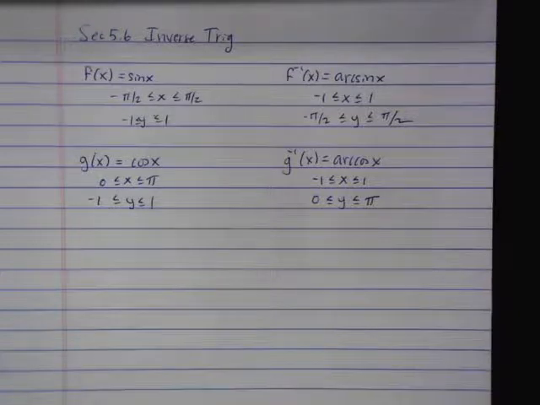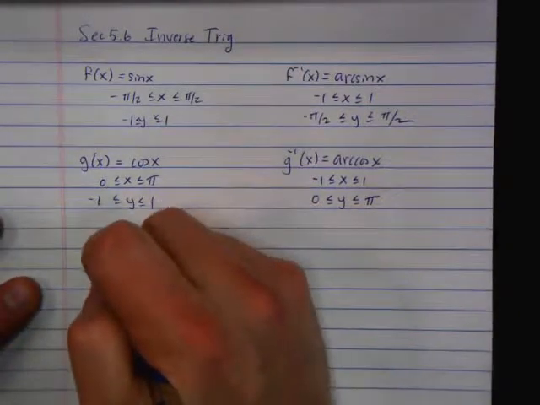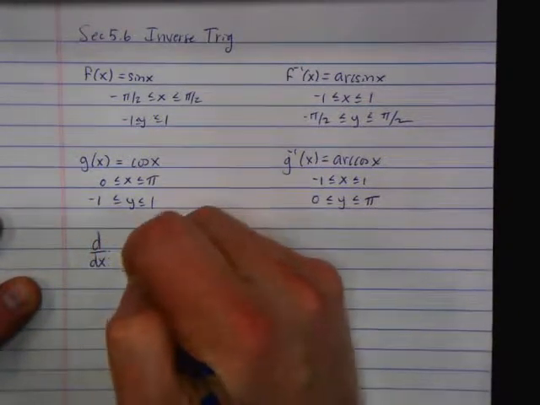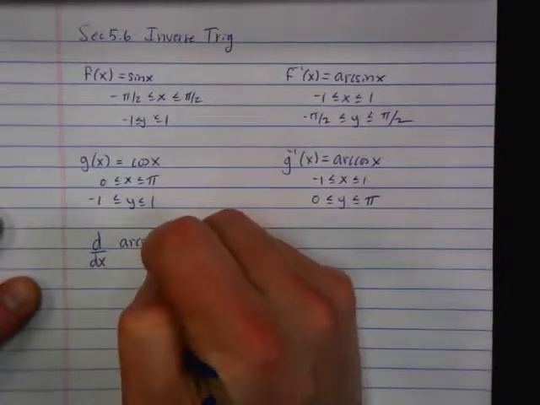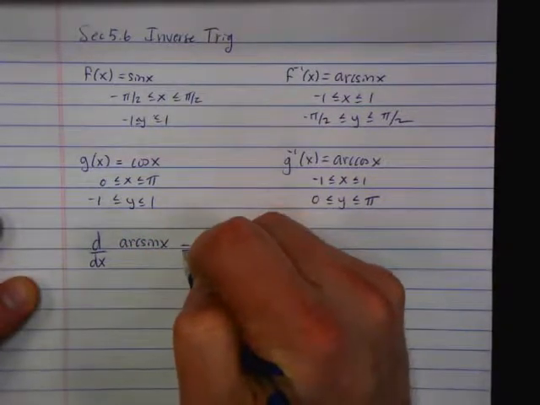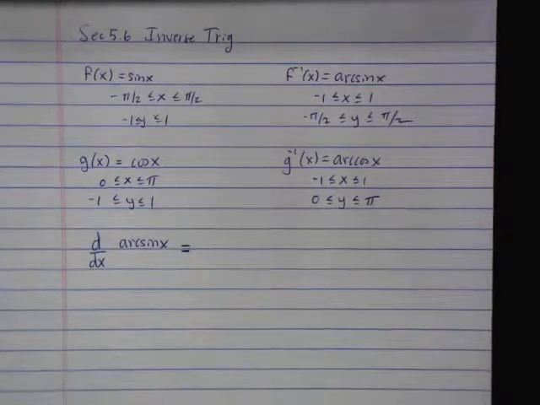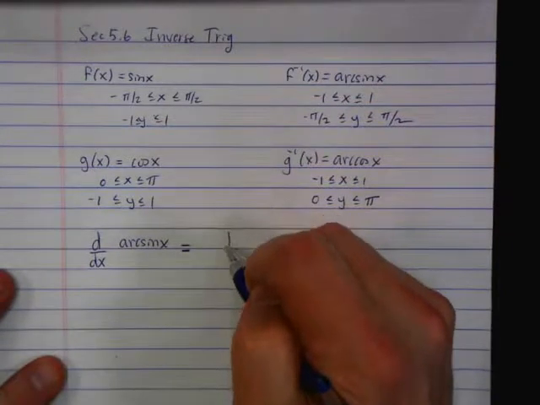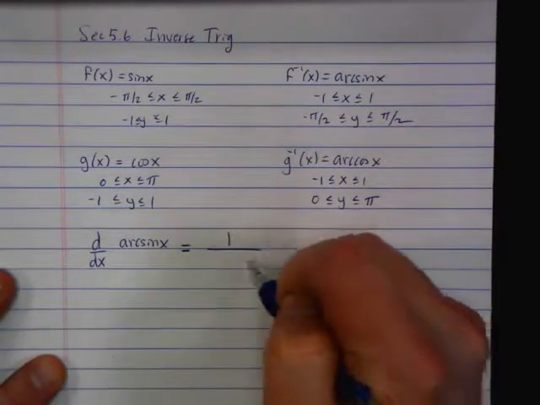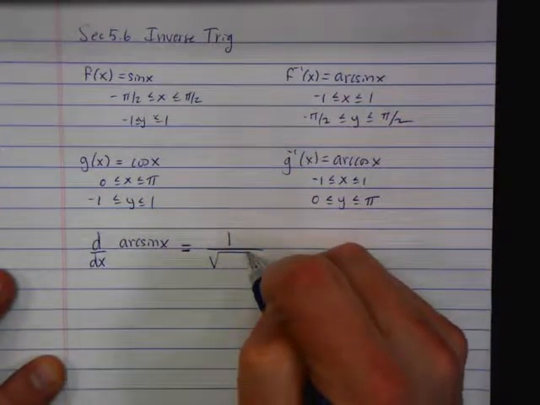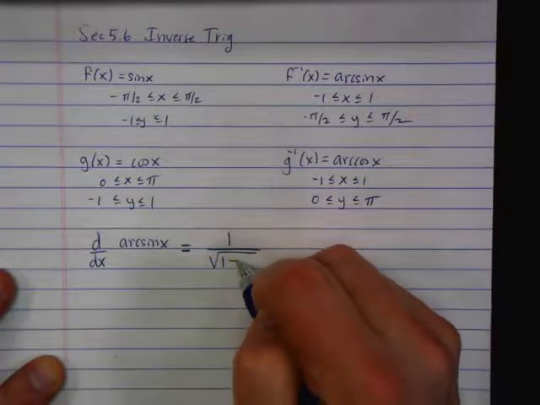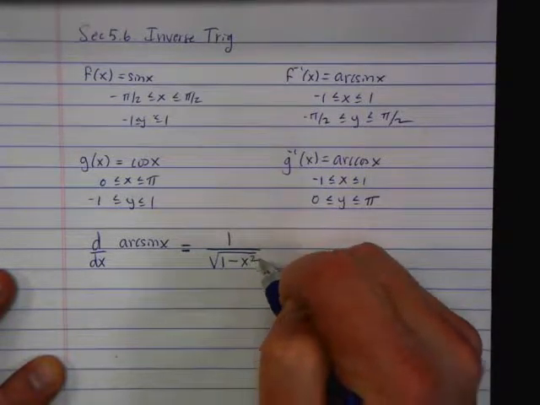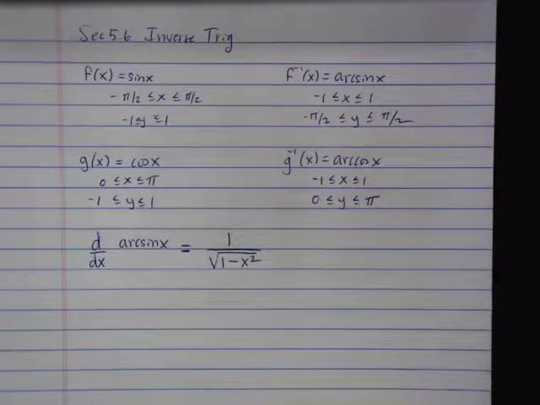And then I think the final thing we did is we derived the formula for the derivative of the arc sine of x. What was our formula for the derivative of arc sine of x? I believe we came up with 1 over the square root of 1 minus x squared.